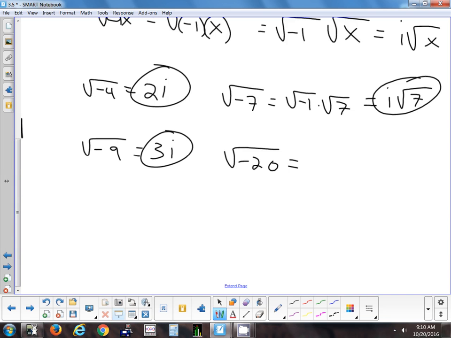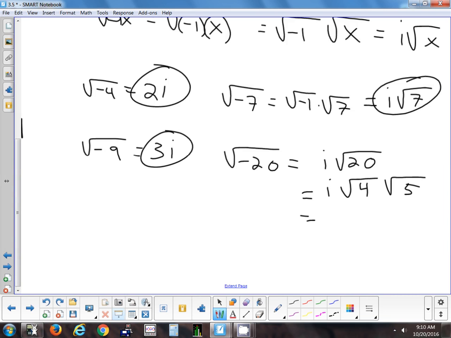Okay, the negative comes out as an i, and what's left? Square root of 20. Now, what about the square root of 20? You can simplify. How can you break up the number 20? 4 and 5. You can multiply 4 times 5.